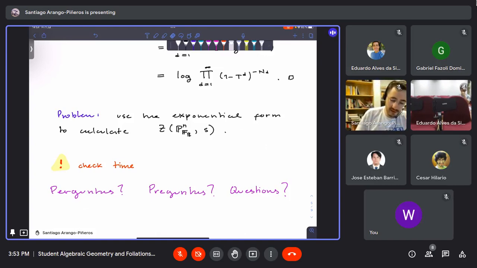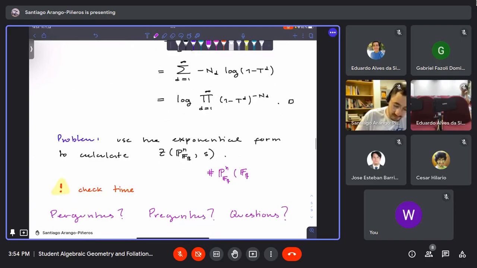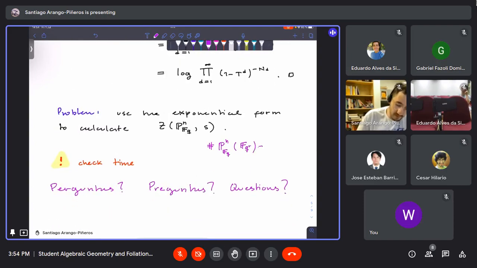And the good thing about this is that we know the point count of projective space, right? We know the number of points of P^n over F_q over some field extension. So F_q, did I call it r? Yeah. This is going to be, well, this is basically lines in n+1 dimensional affine space, right?